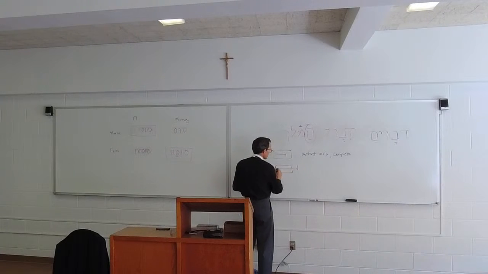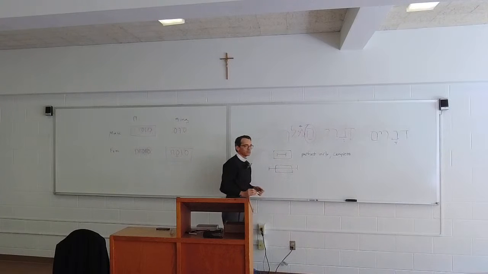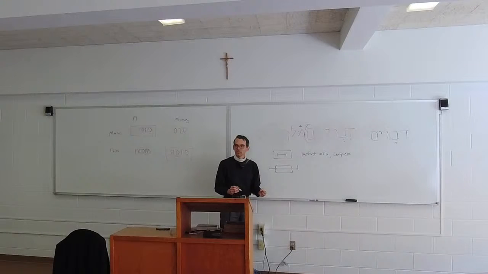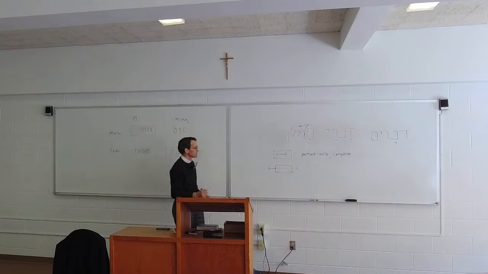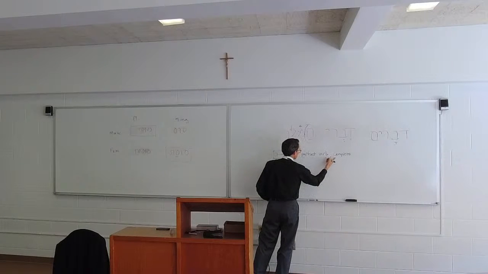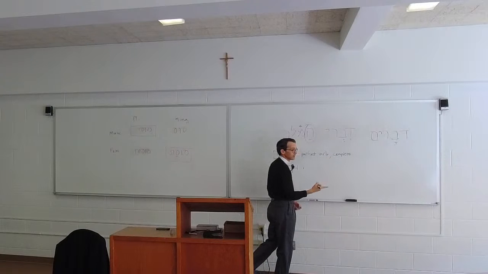So if I had my frame again, and I have an action that begins outside the frame and it ends outside the frame, I'm just looking at it and it's ongoing, then what verb and what aspect is this? Imperfect, with what kind of aspect? Incomplete.